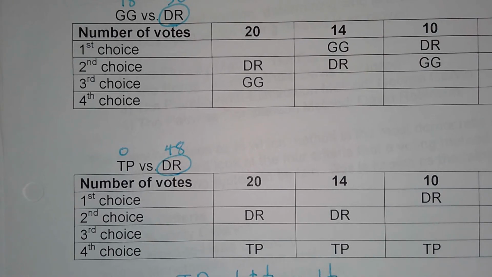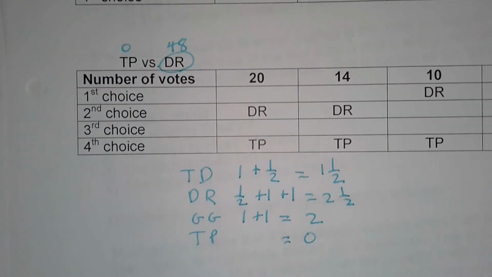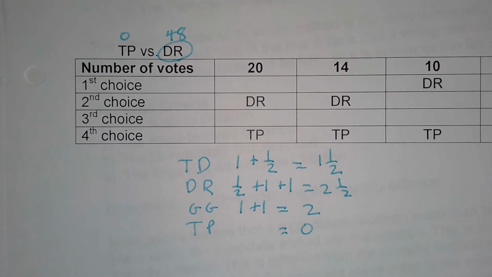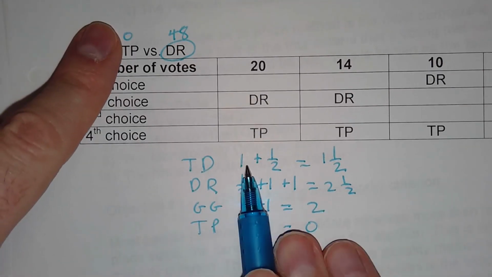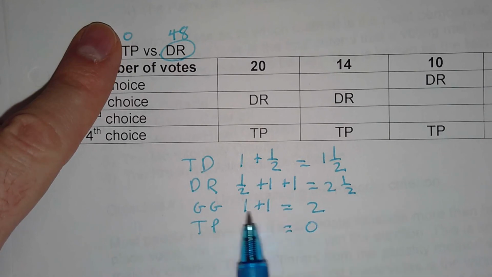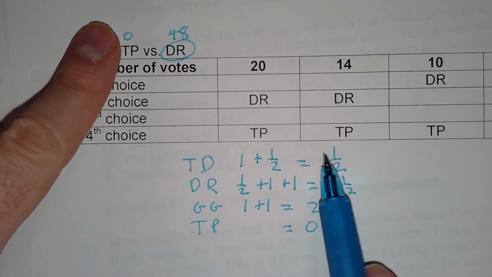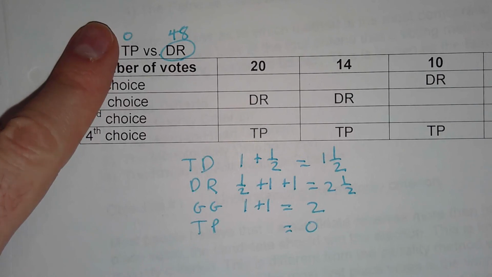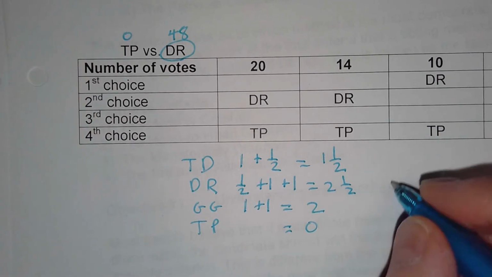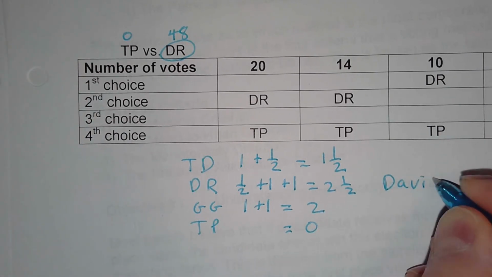And Tony Parker has 0. So just adding up the points, 1.5, 2.5, 2, and 0. Now, these should add up to 6. So half plus half is 1, plus 1 is 2, 4, 6. So they do add up to 6. So by this method, David Robinson would be the winner.